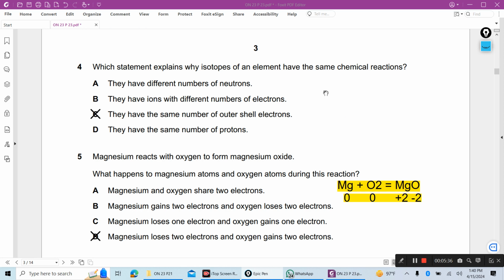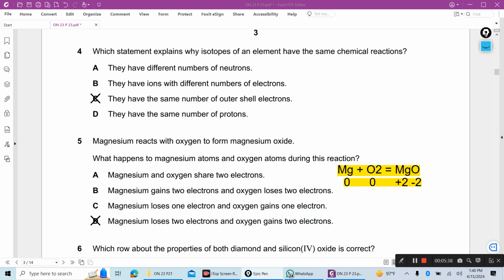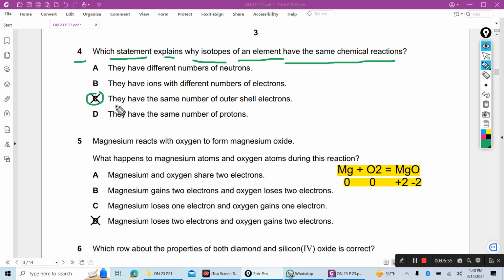Next, four. Which statement explains why isotopes of an element have the same chemical reactions? C is the correct answer, because they have the same number of outer shell electrons.